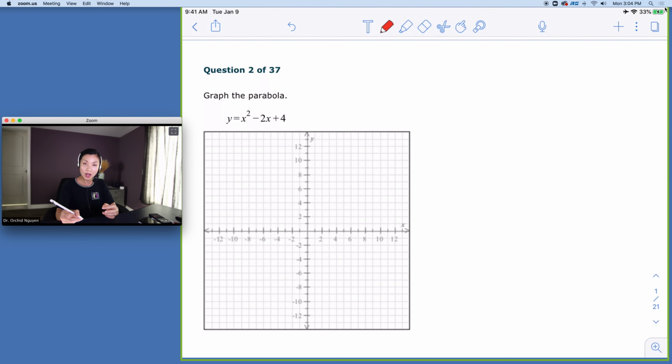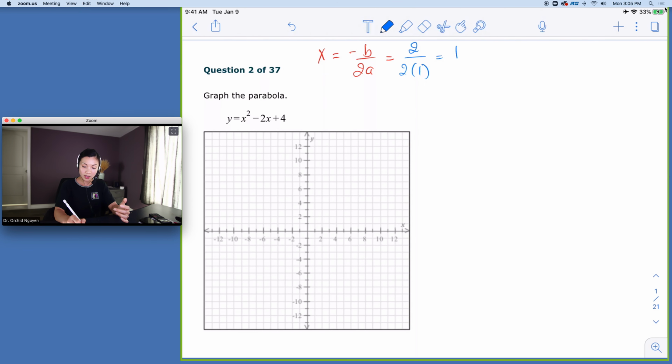So I'm going to show you the vertex formula. In this case, x equals -b over 2a. So we have negative b, so negative of -2, that's just +2. Over 2 times 1, so that's going to give us 1.